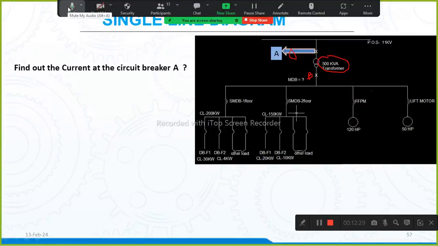Point B or point A? Point B, sir. Okay, tell me for point A then.